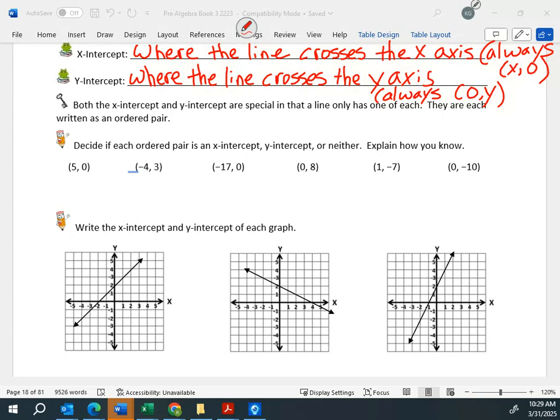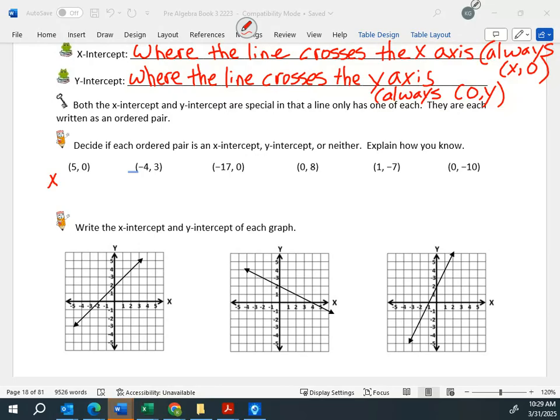So, to start us off, decide if each ordered pair is an x-intercept, a y-intercept, or neither. Explain how you know. So let's look at that first one, 5, 0. Is that an x-intercept, a y-intercept, or neither? What do you think, Christina?